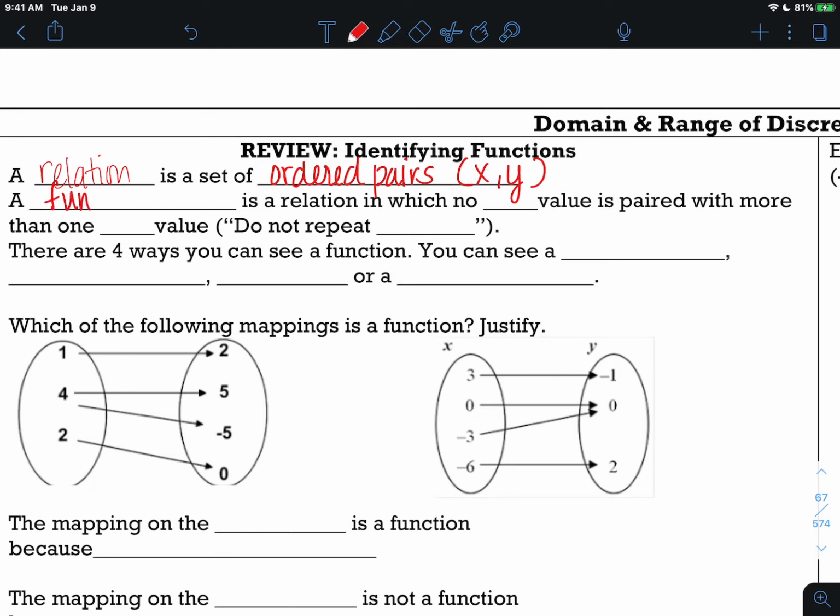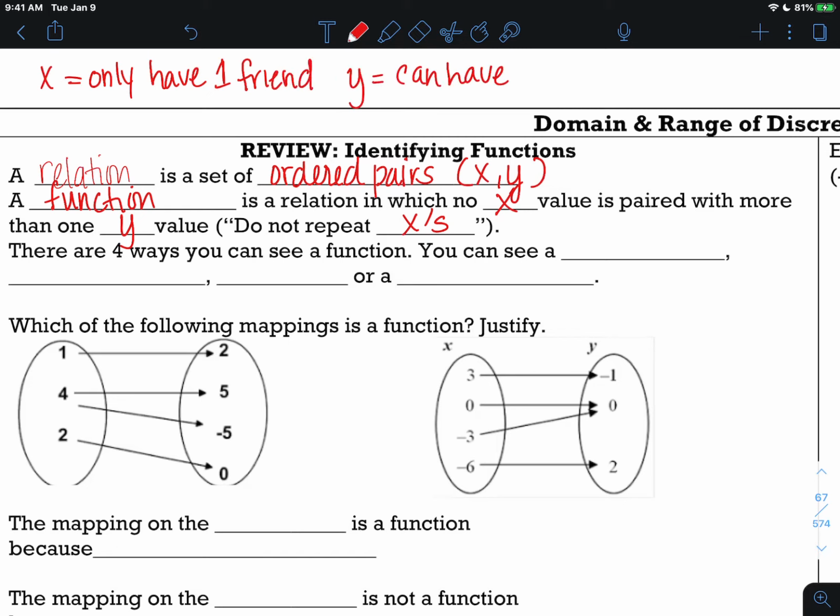A function is a relation in which no x value is paired with more than one y value. Do not repeat your x's. Another way of saying that is x can only have one friend, but y can have a lot of friends.